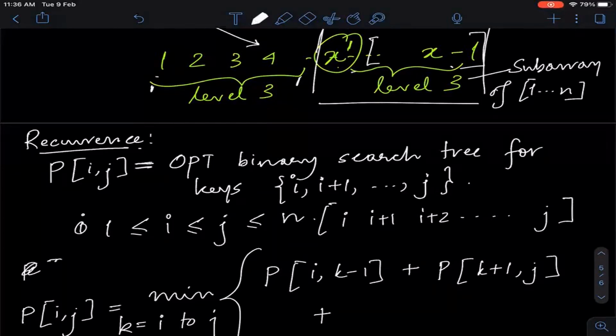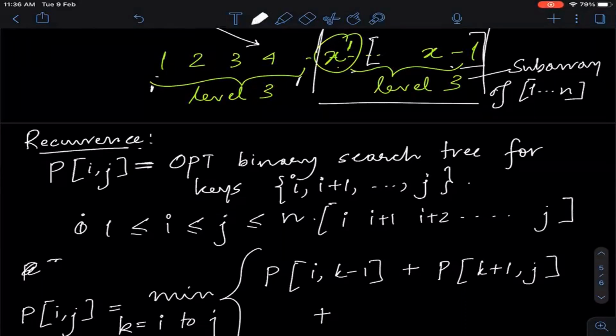So P(i,j) is the optimal binary search tree on just this set of keys between i and j. Each has its own probabilities, and think of just building the best subtree possible out of only this set of keys. That is what your P(i,j) is going to store. This is your subproblem definition.